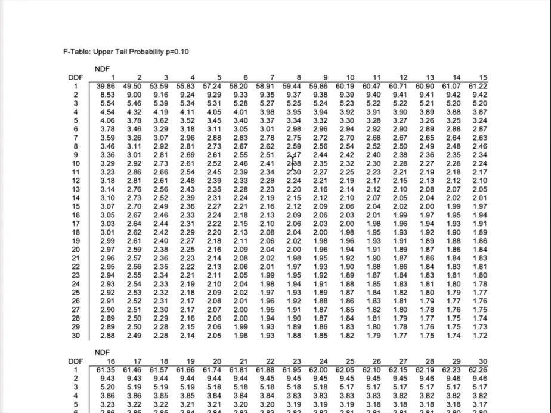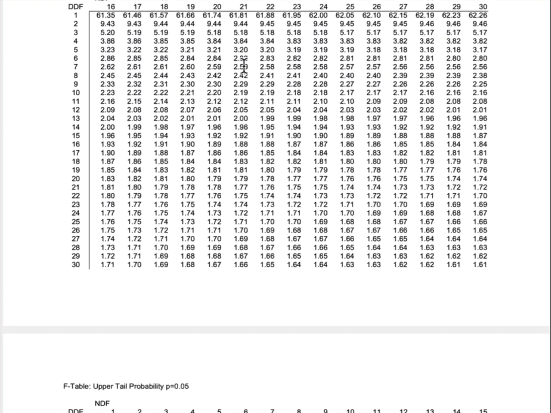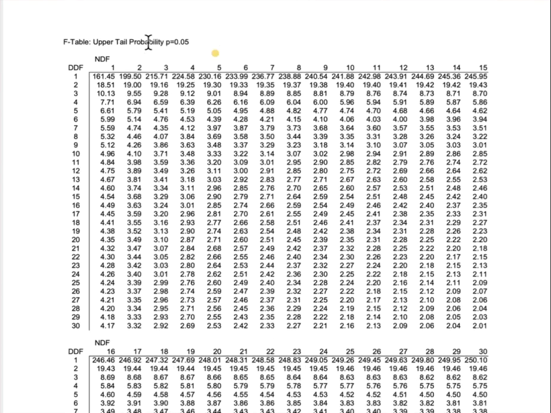And so notice that on the first page in the F table, that's the 0.1 table. So we need to scroll down, and here we have the 0.05 F table. Now we need the upper fifth percentage point for the F distribution with 10 numerator degrees of freedom and 5 denominator degrees of freedom.